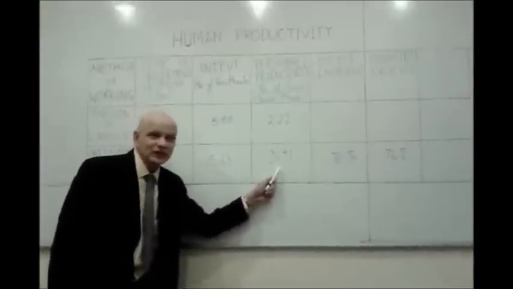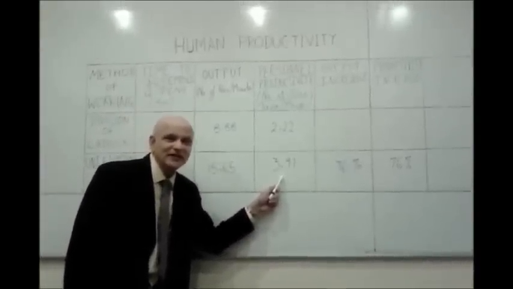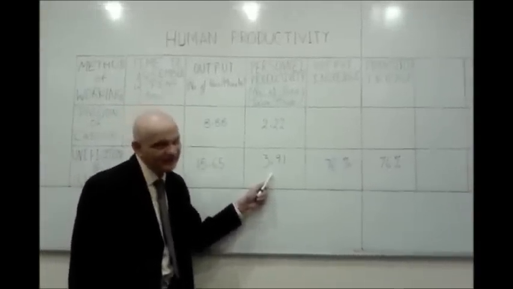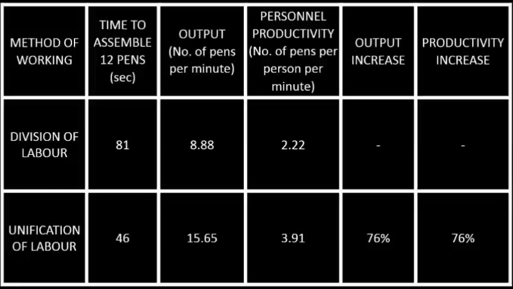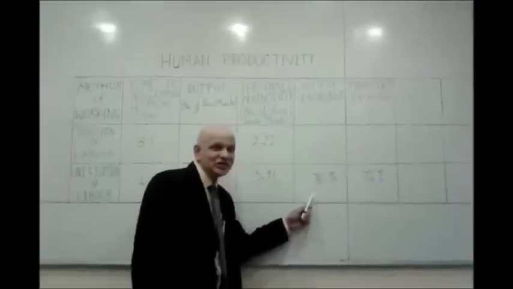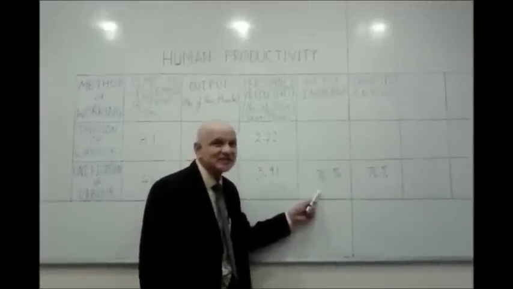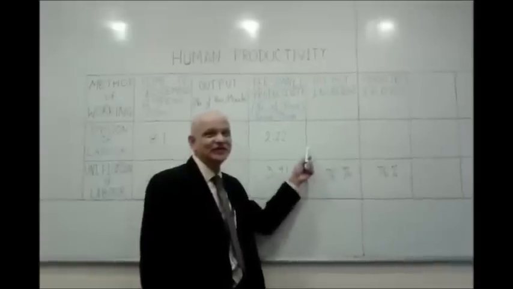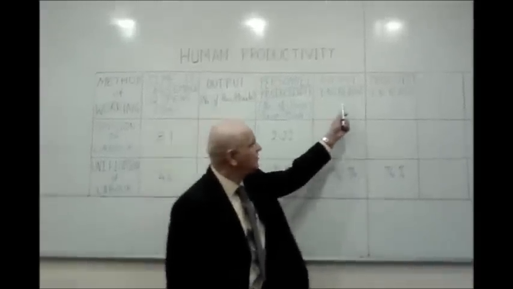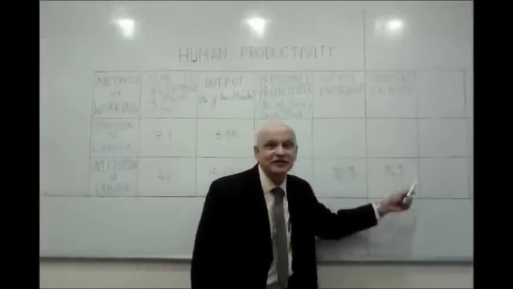And the productivity works out to 3.91 pens per person per minute. Unification of labor was a whopping 76% improvement over division of labor, both in terms of output as well as in terms of productivity.